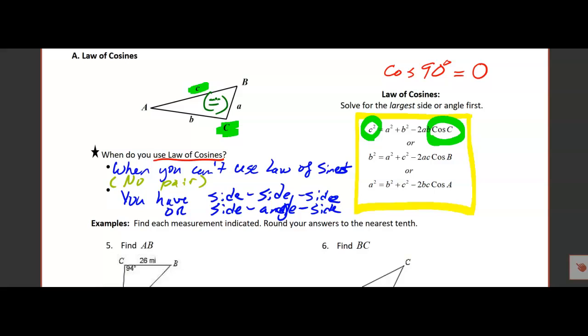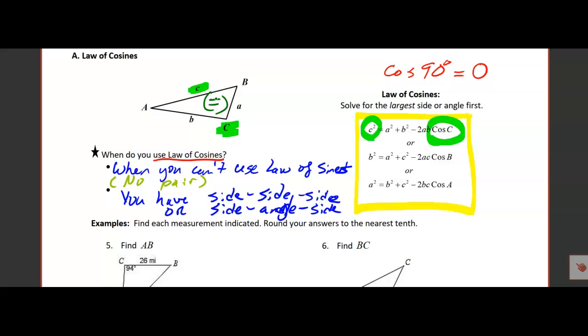So that's how you set it up. Whatever angle you're putting on the one side, across the equal sign has to be the opposite side. So C, cosine of C, B, cosine of B, A, cosine of A. All right? So that's my thoughts on how you can remember how to set this up.